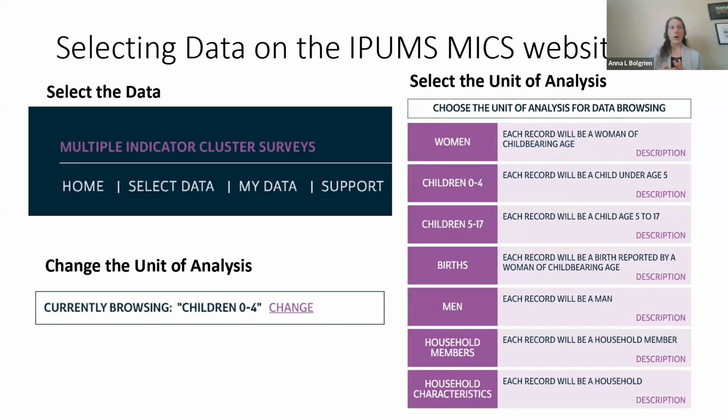So therefore, if you are browsing within the children unit of analysis, you can see all the variables available about those children. You can create an extract about children, but you won't be able to see any of the women variables or any of the household variables unless you close out of that children unit and enter into a different unit.